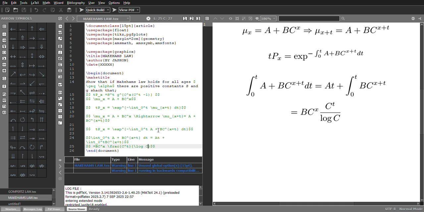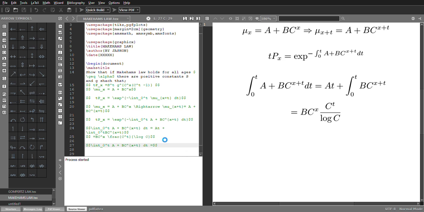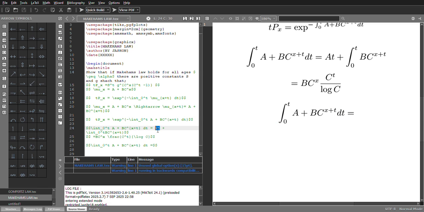We will have the integral to be equal to, we have this a t, we have at plus now what we got down here.